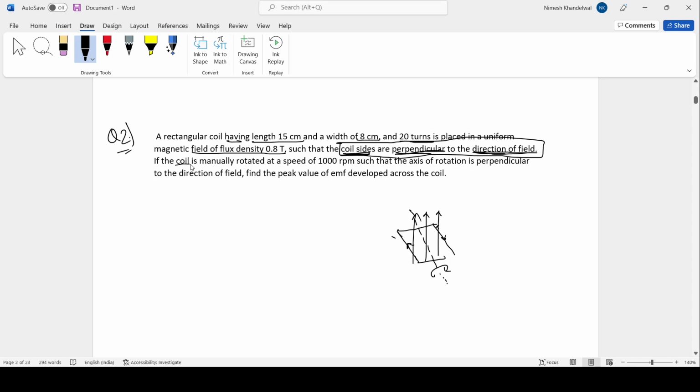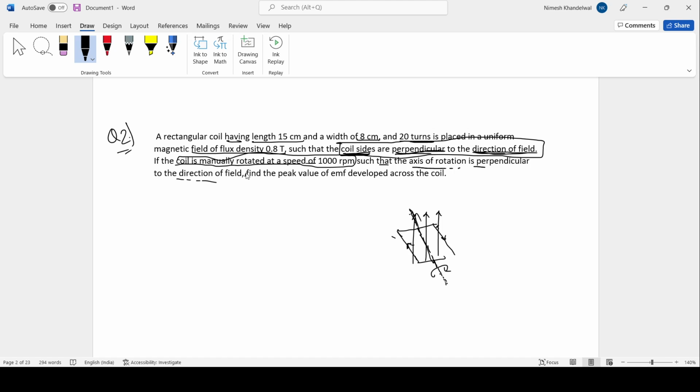Now, the coil is manually rotated at a speed of 1000 RPM, such that the axis of rotation is perpendicular to the direction of field. And we have drawn it to be perpendicular here, because it was kind of implied also, given the other information.